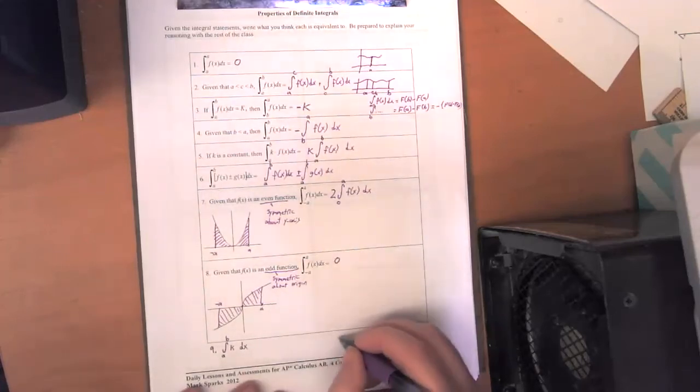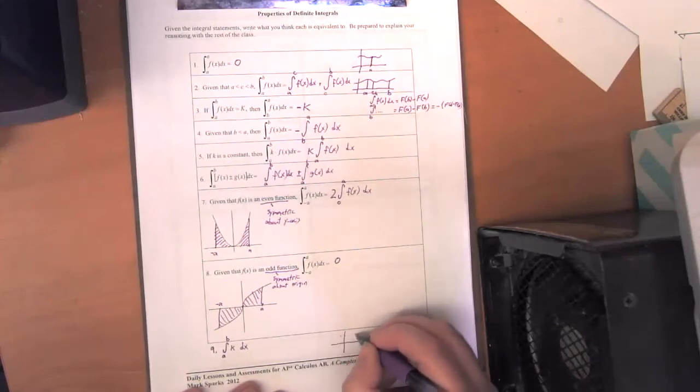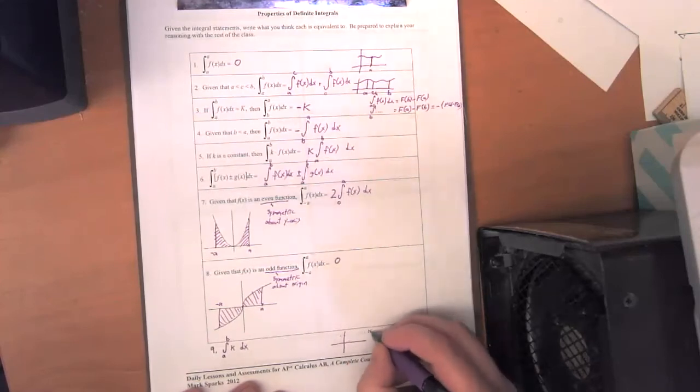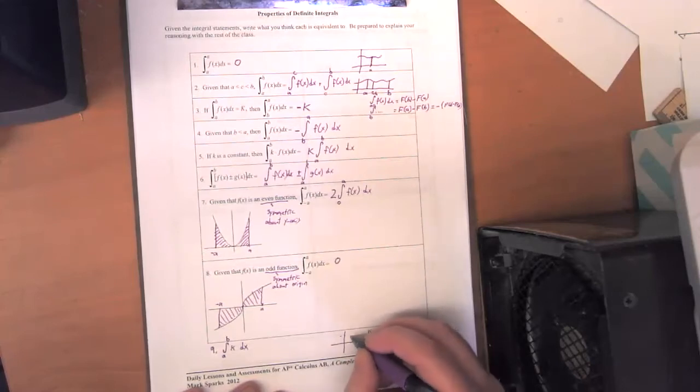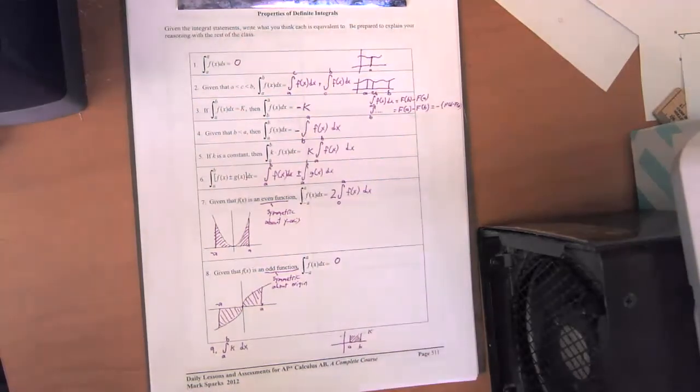All right, so here's my k, and I want to take the area of that, the integral of that, from a to b. So what is the area of that rectangle there?